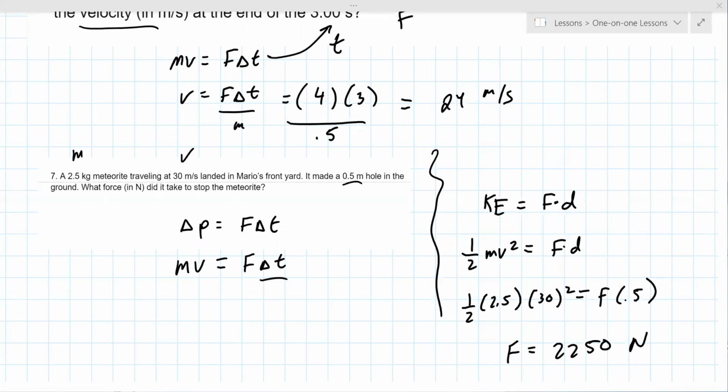I don't know which way they want you to go. It did end up being that the time interval for this is greater because it has more time. So the impulse is different.